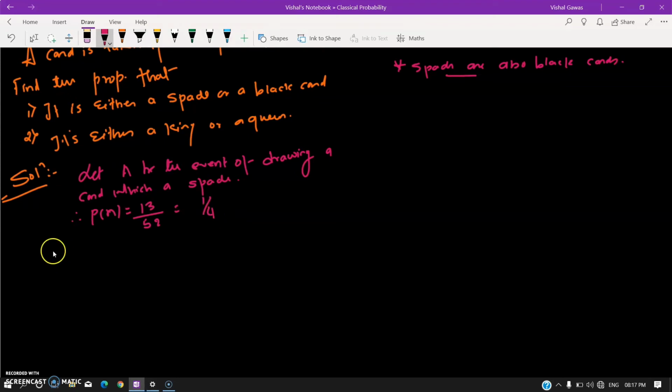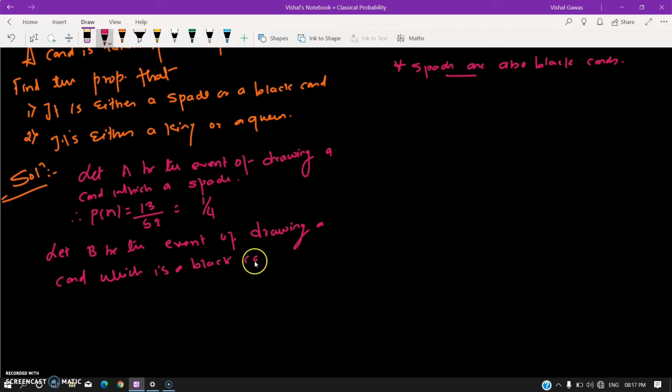Let B be the event of drawing a card which is a black card. Therefore, what happens to P of B?